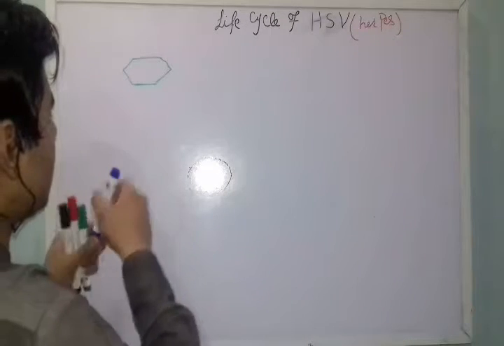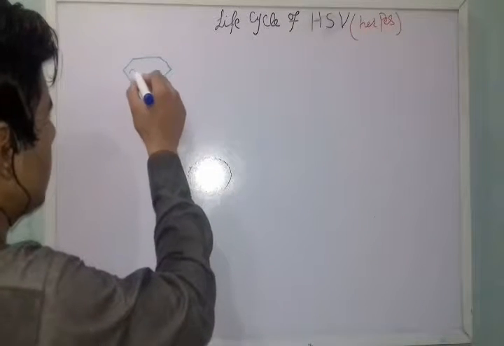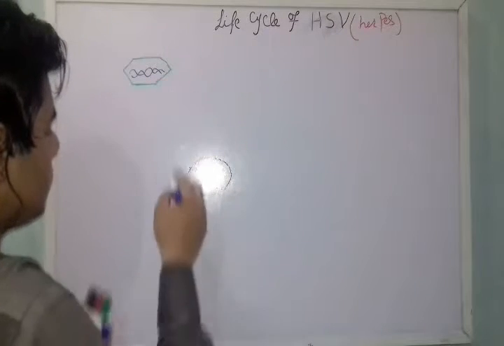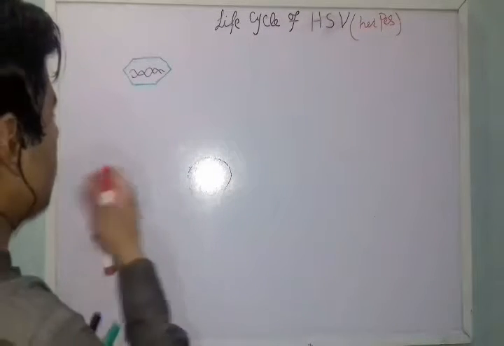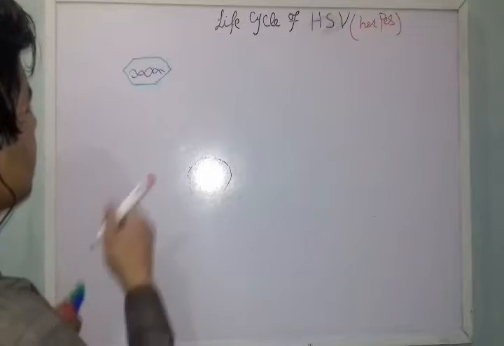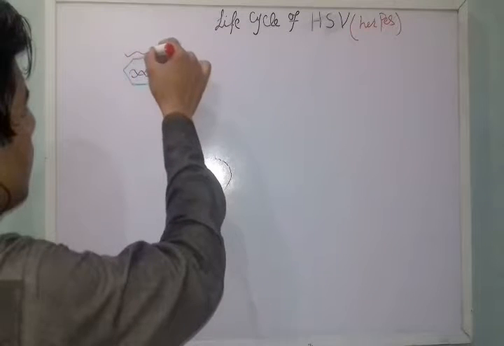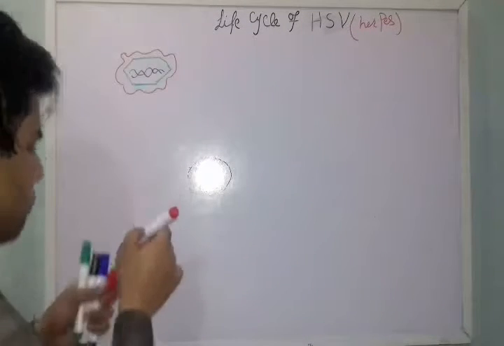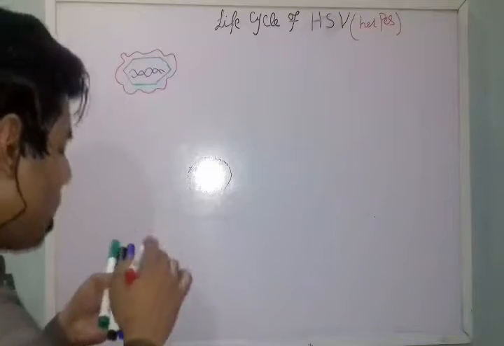Inside the capsid there is the genetic material, which in this case is double-stranded DNA, and around the capsid there is the envelope. So they contain the envelope.